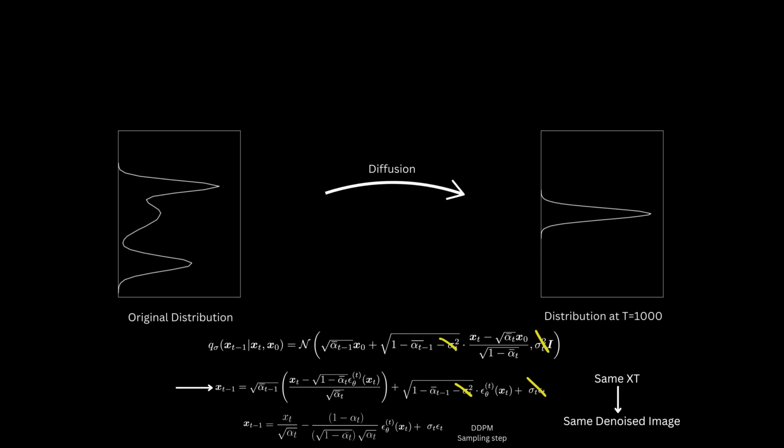But given the same xt, we would end up getting the same set of xt-1, xt-2, all the way till x0 images every single time. This was not the case with DDPM, where the update rule always added a noise component at each reverse time step. So even with the same xt, we ended up getting different denoised images.